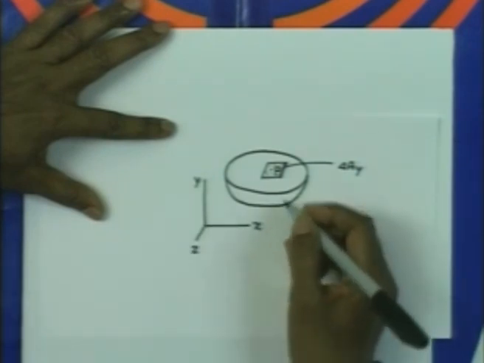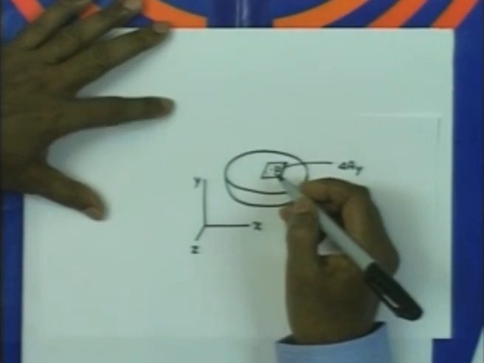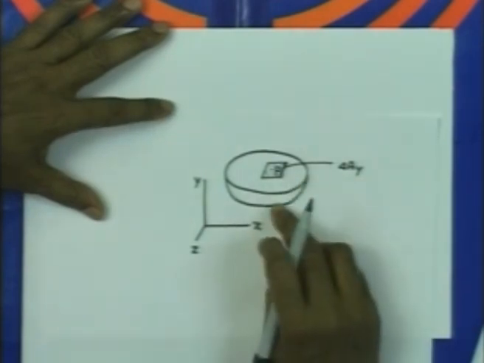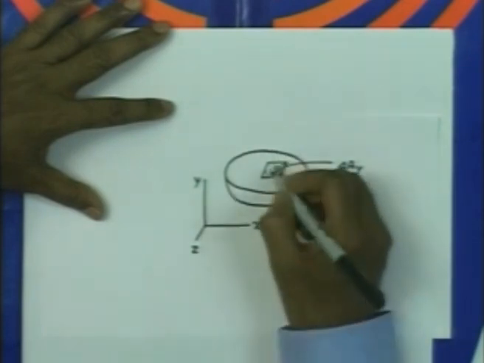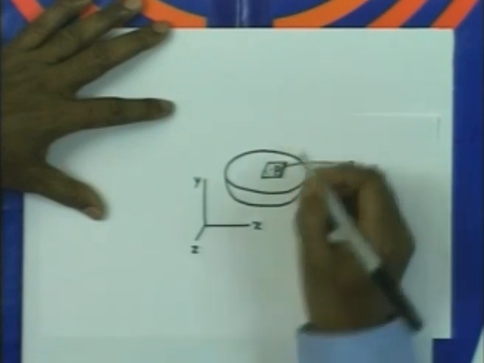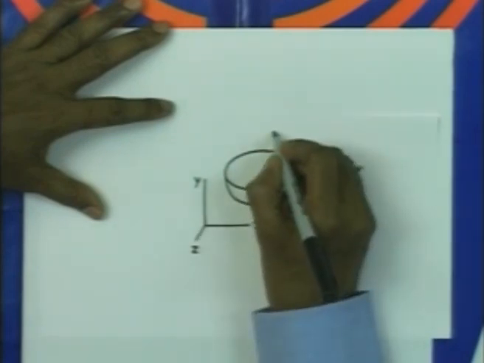Now, the force which is applied by the second part on the first one at this point would again have some arbitrary orientation, and it can be resolved into components like this.